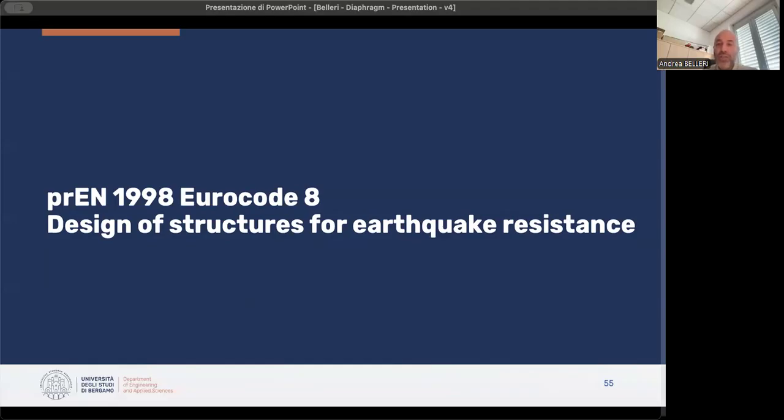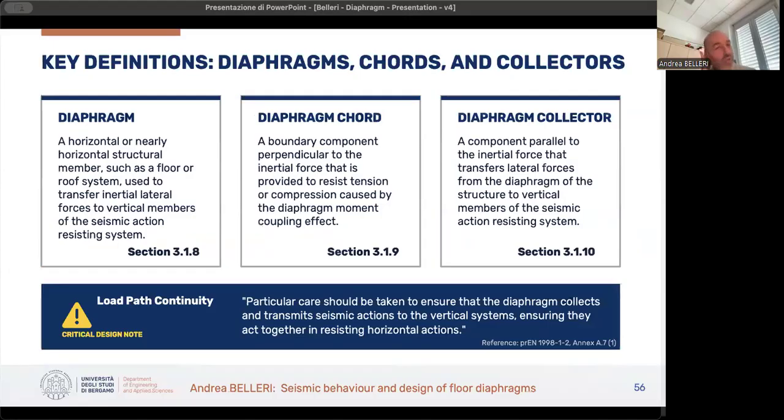So now let's have a look at the forthcoming edition of Eurocode 8 regarding the design of structures for earthquake resistance. In the new edition, there will be a definition of the different elements of the diaphragm, like the chord and the collector.